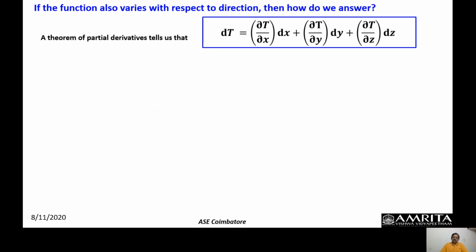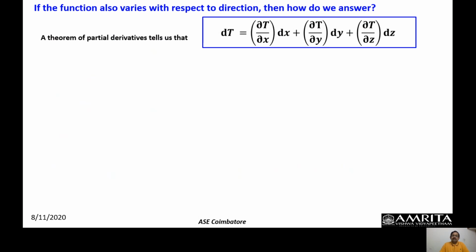So even though the variation in the function is going to differ with respect to direction, it is enough to get only three derivatives and we can solve this problem. The appearance of the problem being complicated is shattered by invoking these partial derivatives.